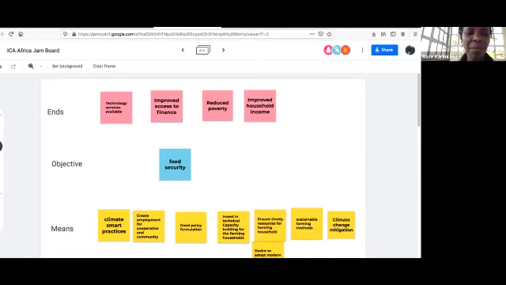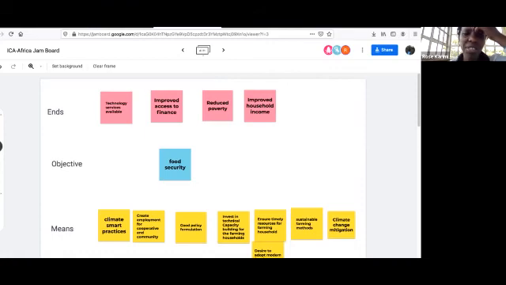I think we have one more thing. Lack of access to finance. No. Low household income levels. Improved household income. I think we have that one also. What is it that we are missing?